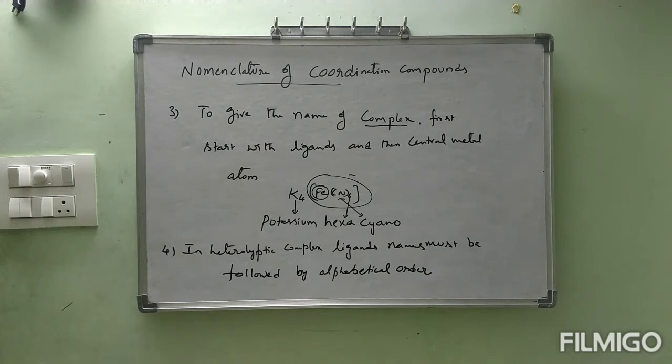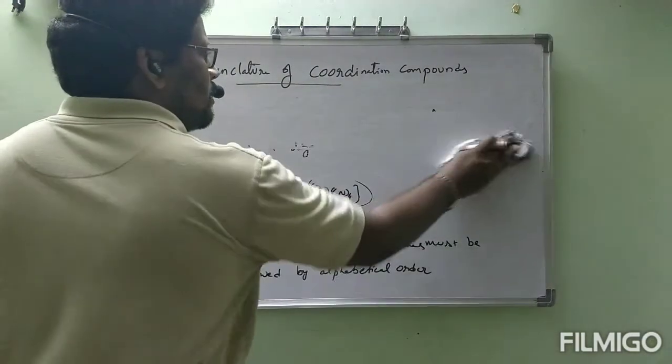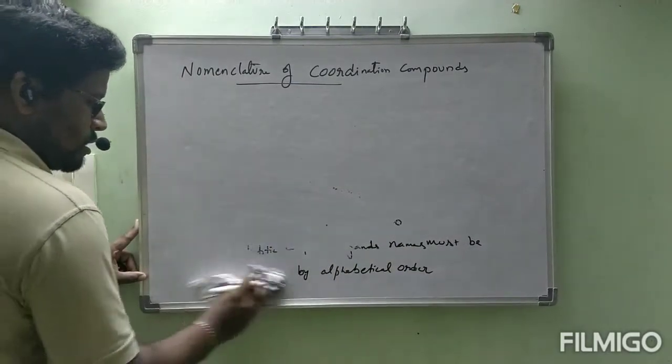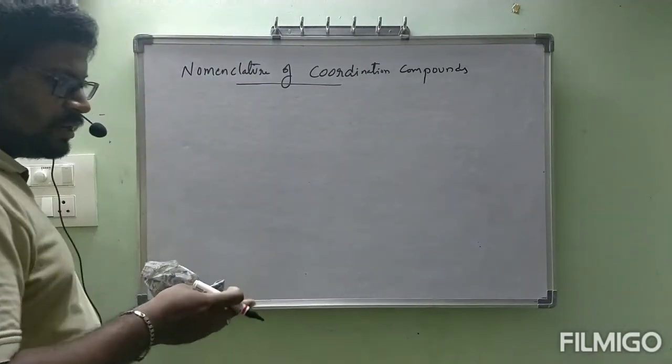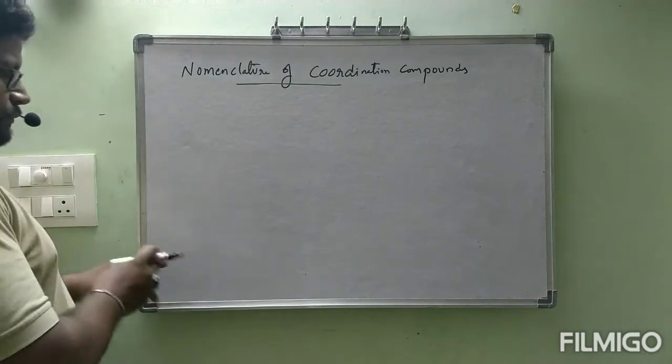In heteroleptic complexes, ligand names must follow alphabetical order. This alphabetical order, how can we write? You will understand when I take examples.